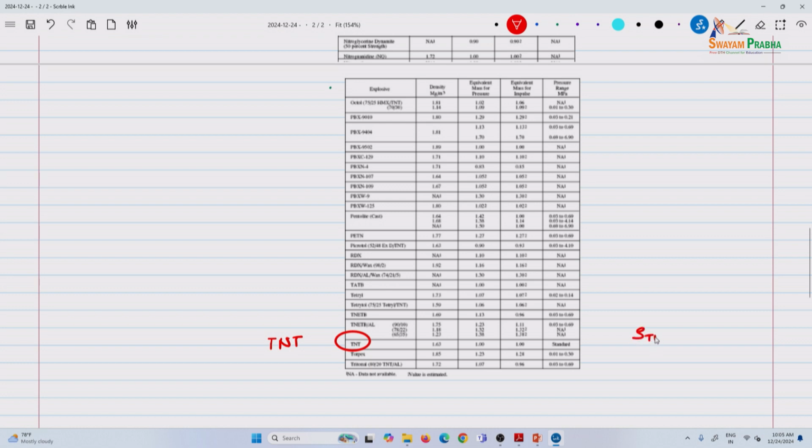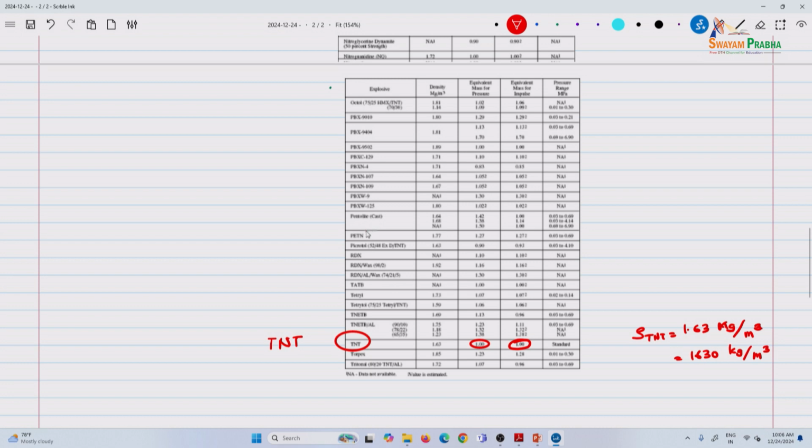So the density of TNT is 1.63 megagrams per meter cubed, or 1630 kilograms per meter cubed, right? Am I right? And then both equivalencies are 1.